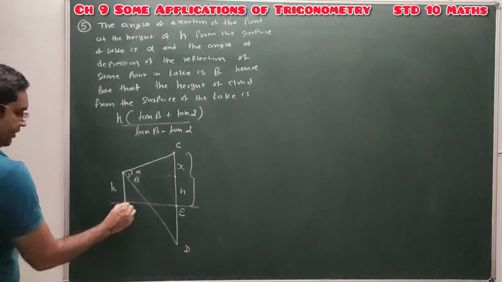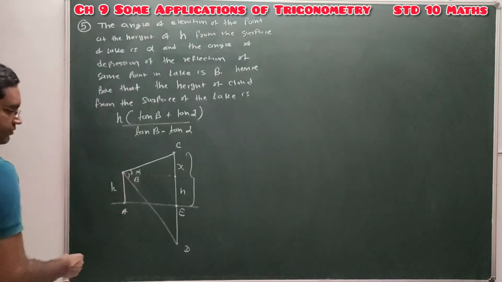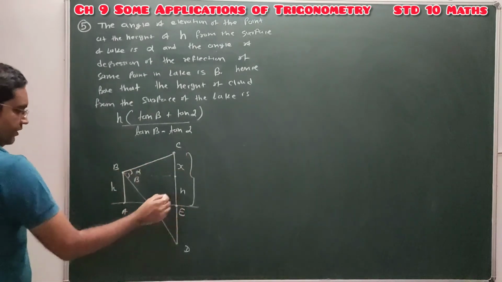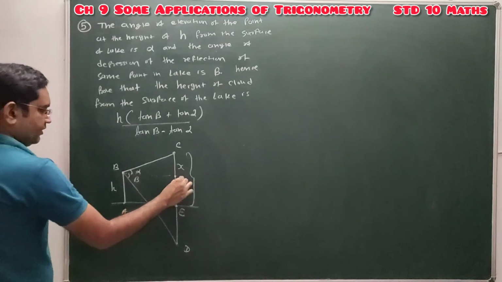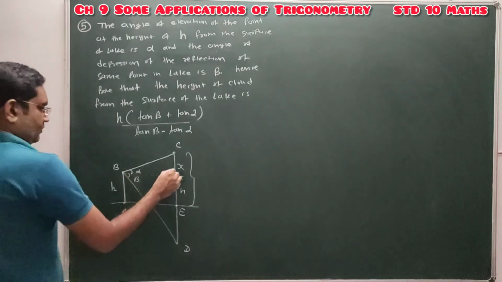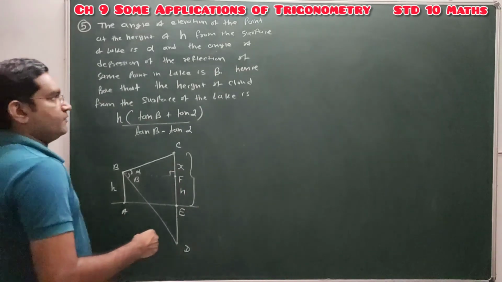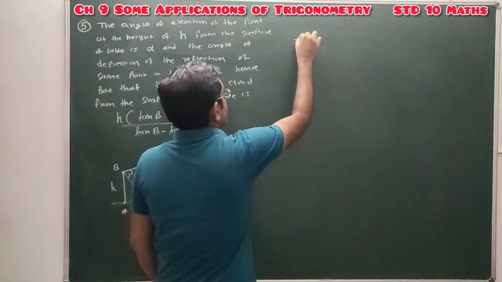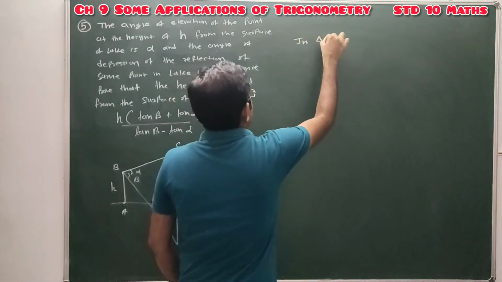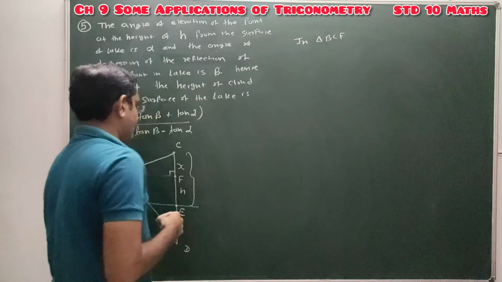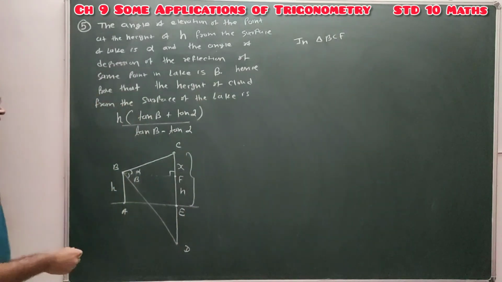So let this point be A, this is point B, this is C, D, E, and this is F. So here in triangle BCF, you have to write some description of this figure.